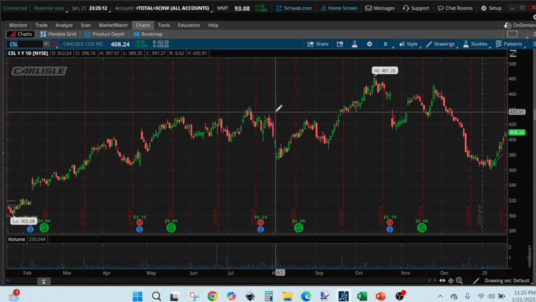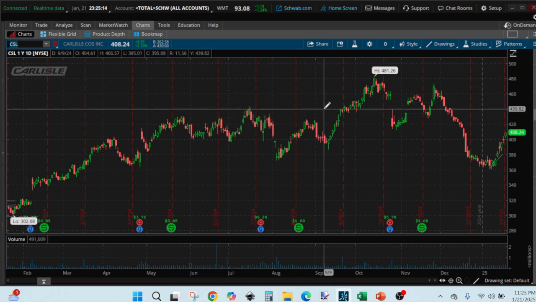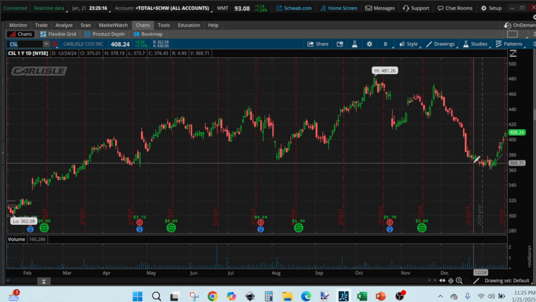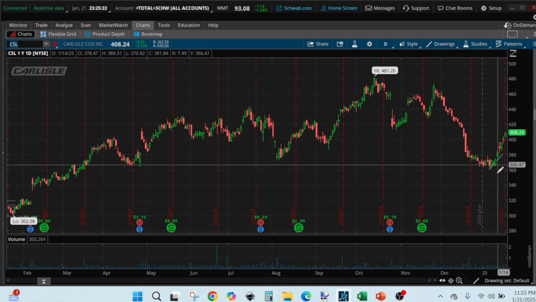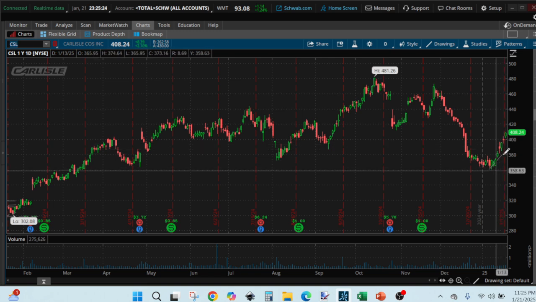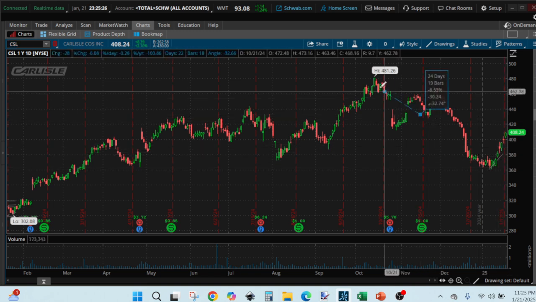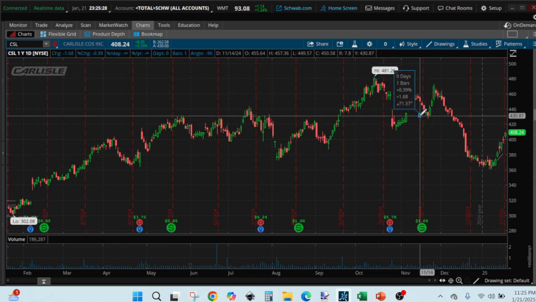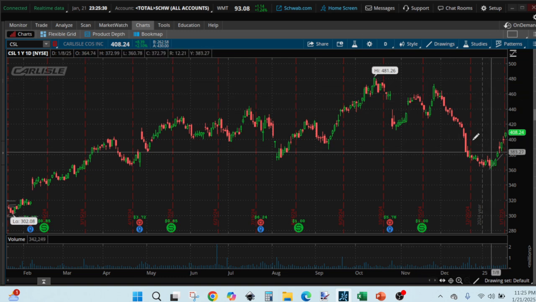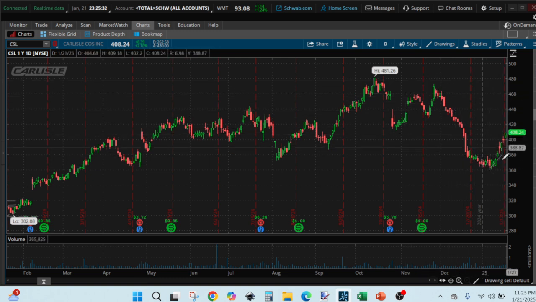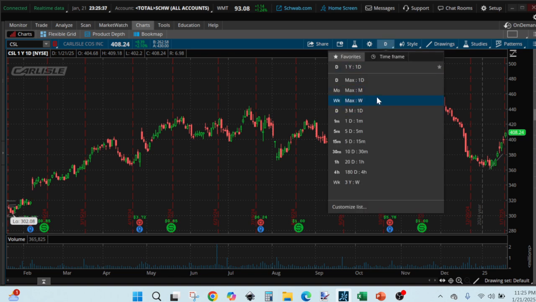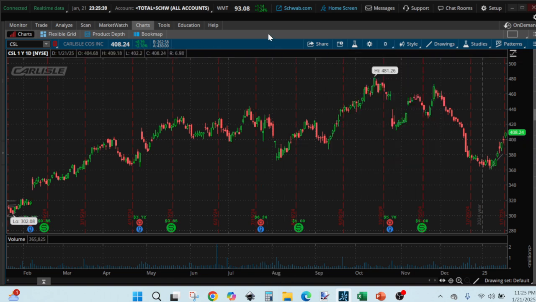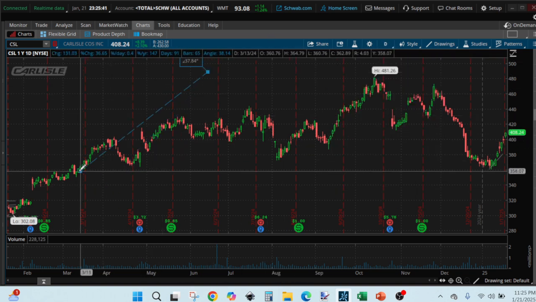Again, it's a daily chart. As a swing trader, you swing trade on the daily chart. So CSL, the price is going up. Yesterday or today the price went up, creating an uptrend line there, but from that high the price pulled back, and now it's starting to go up there, but it's still far from our trend line.